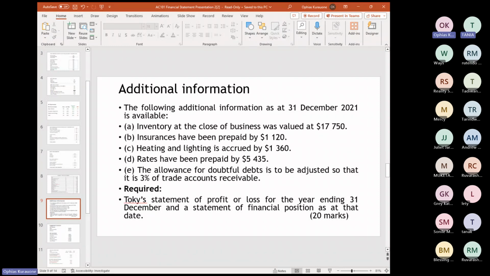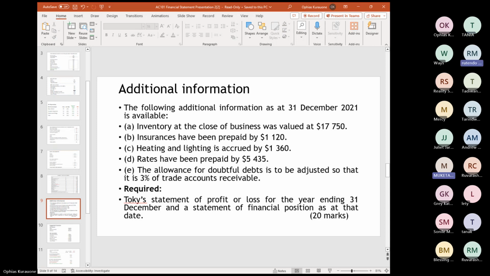All right, then additional information. The one who was reading can continue. Additional information as at 31 December 2021: A. Inventory at the close of business was valued at 17,750.